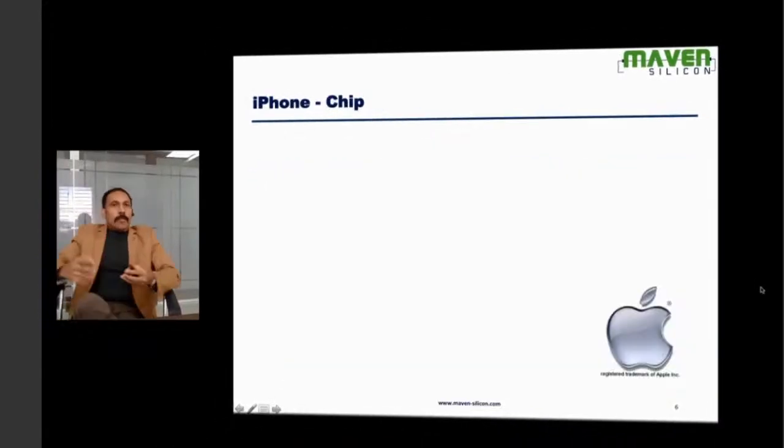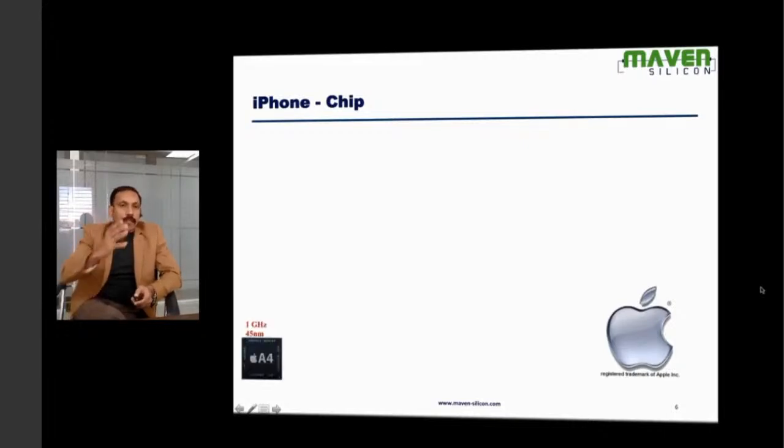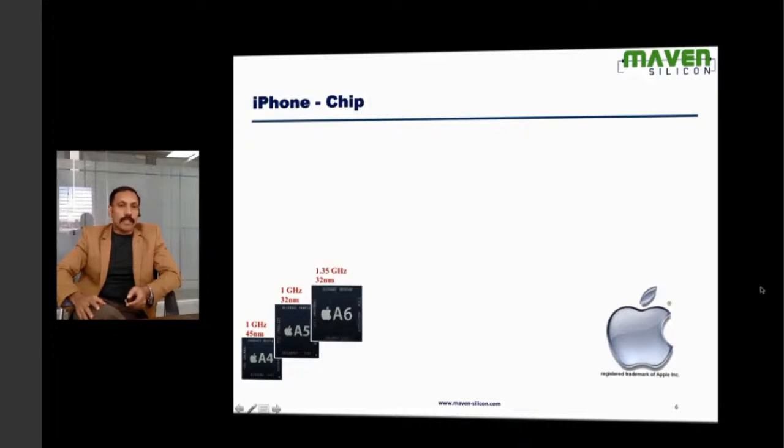All right. We have been talking about the iPhone chip. I want you to understand the history, the evolution of this chip. It started off with A4. It was based on 45 nanometer and the frequency was 1 gigahertz. A5 based on 32 nanometer and the frequency was 1 gigahertz. A6, same 32 nanometer, 1.35.